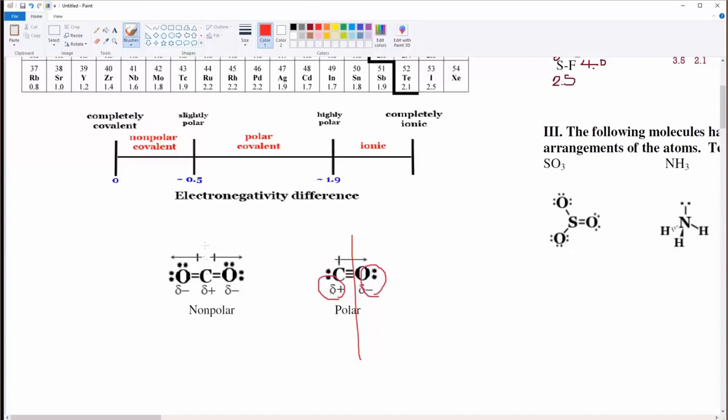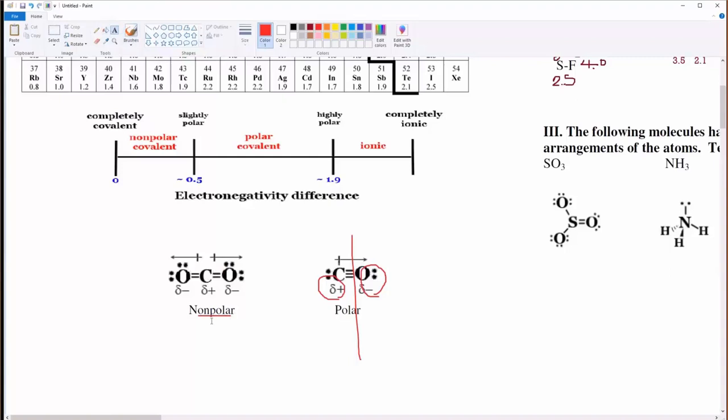But here, there's not any place that I can draw the line, right? If I draw the line down the middle, I have minus poles on both sides. That doesn't work. I can't draw a curved line, right, to separate the minus poles from the plus poles. That's not how it works. So because the minuses are on the outside and the pluses in the inside, as opposed to being on the left side and the right side, this is a nonpolar molecule.